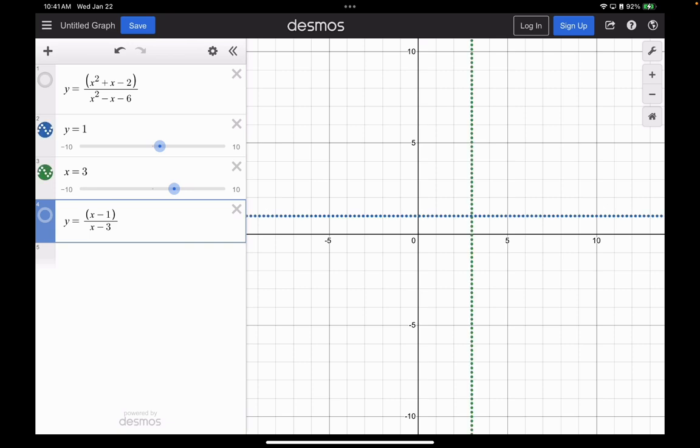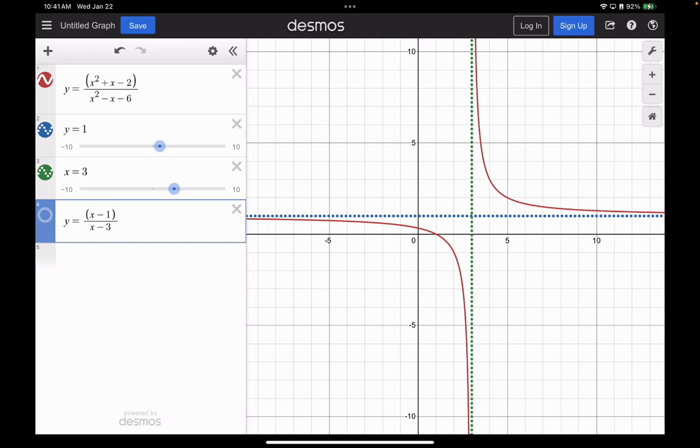If you weren't using your calculator, graphing tool, or Desmos, then you would just pick some points and make a chart, and then you could start to build this. But you know that it's going to approach the vertical asymptotes and the horizontal asymptotes. So you have some idea, but we didn't know if it was going to be quadrant 2 and 4 or quadrant 1 and 3, that type of thing.